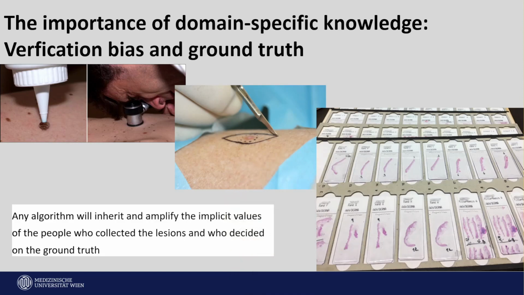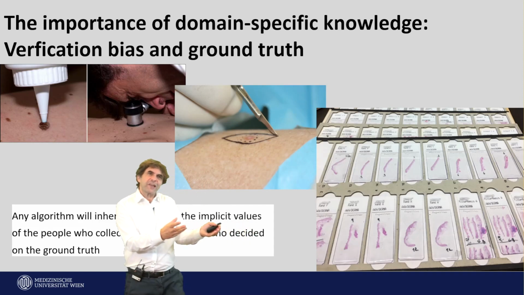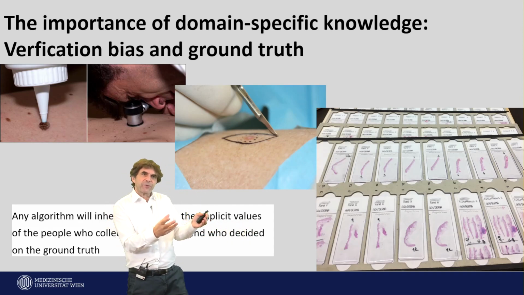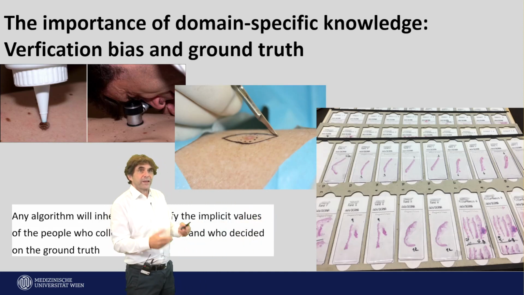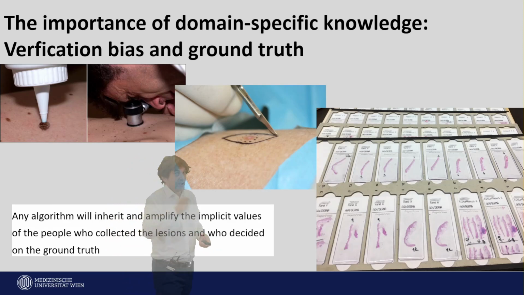And this means that any algorithm that you create will inherit and amplify all the implicit biases of the people who collected the lesions and who decided on the ground truth, including the pathologists who made the diagnosis. So, if you collect images from a source where the pathologists tend to overdiagnose, your algorithm will inherit this kind of bias, and you have to notice.